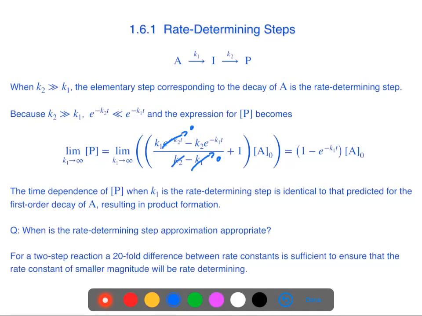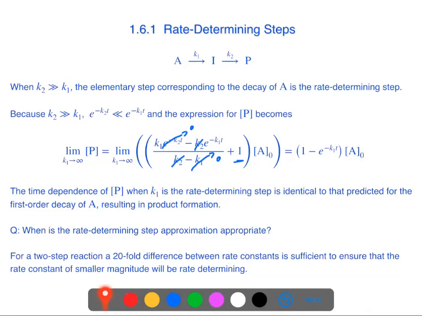So k2 will cancel, and you'll be left with 1 minus e to the minus k1t, all multiplied by the initial concentration of A. So in a similar way, the time dependence of the product concentration when k1 is the rate determining step is identical to that predicted for the first order decay of A, resulting in product formation.